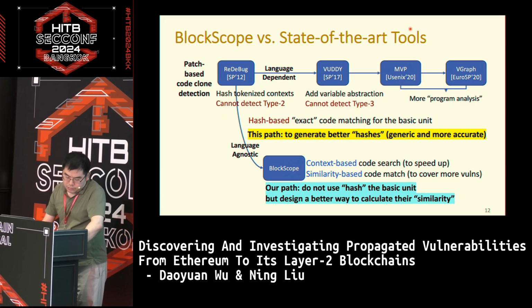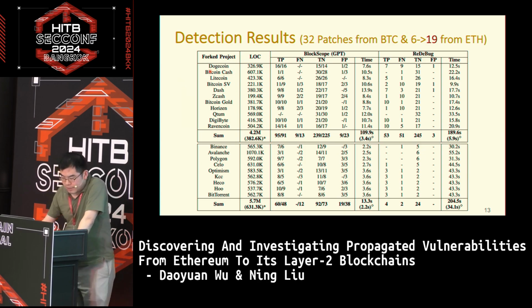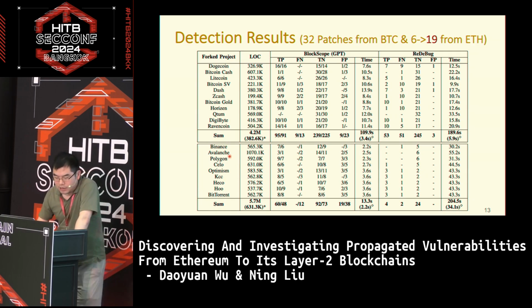Okay, let me show you some results. Here we did an extensive evaluation. We use around 11 forked projects of Bitcoin, and also a number of layer 2 networks of Ethereum.